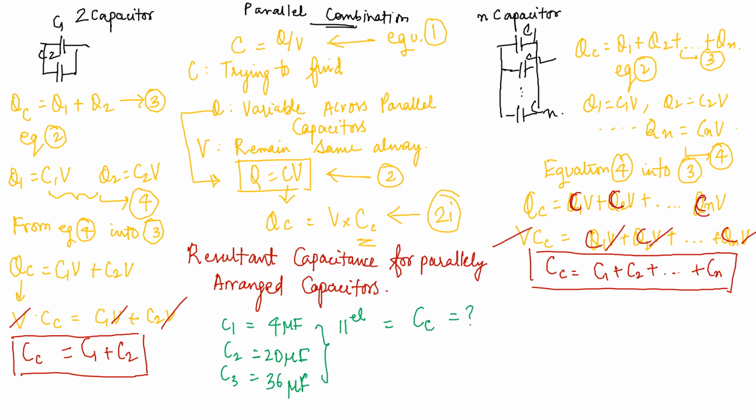As these are arranged parallelly, the capacitance for the combination will be C1 plus C2 plus C3, which equals 4 plus 12 plus 36 microfarad. 36 plus 4 is 40, 40 plus 12 is 52. It comes to 52 microfarad as the answer.